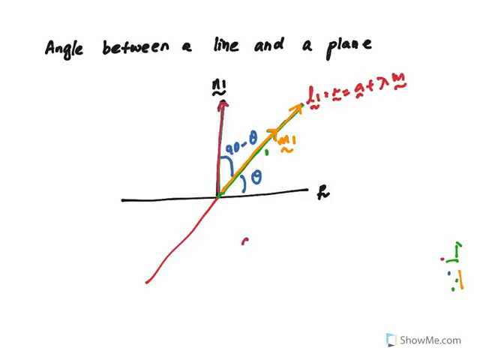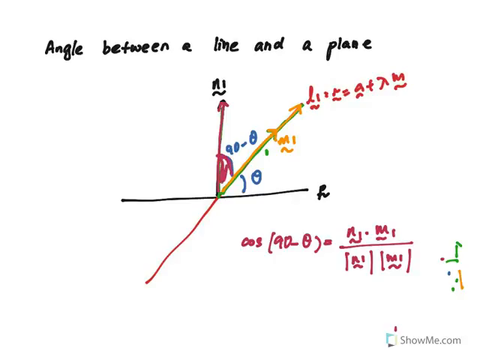So actually we are finding cos of 90 minus theta. This will just be n1 dot m1 over the modulus of n1 times the modulus of m1, because we are finding the angle between m1 and n1. We're finding this 90 minus theta for the moment. But what is cos of 90 minus theta?